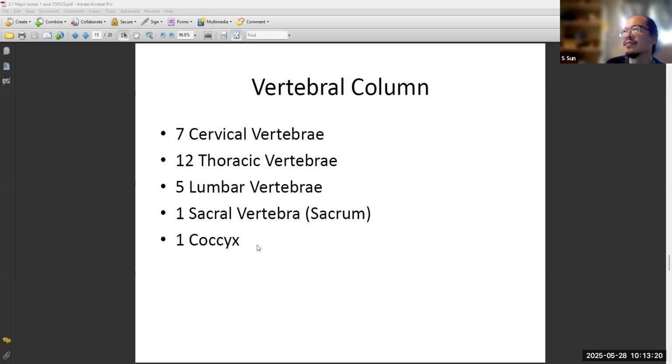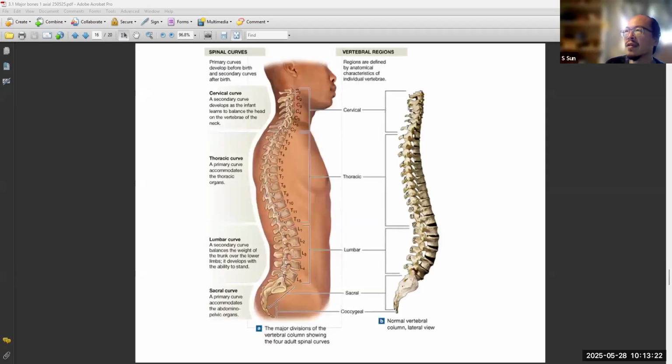And if you look at the sagittal view, you can see it has a unique curve. Cervical, thoracic, lumbar, sacral. So yes, this unique curve. So what you need to know are the number of the bones and their curvature.